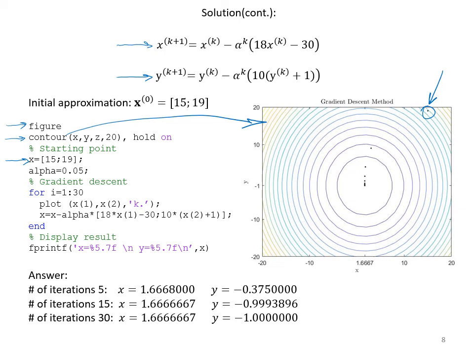Then, if you remember, I mentioned that there are many ways how the minimization step alpha can be chosen, and it depends on particular problem. Because our problem is not very complicated, we can pick alpha as a small constant. We don't have to use complicated formulas.